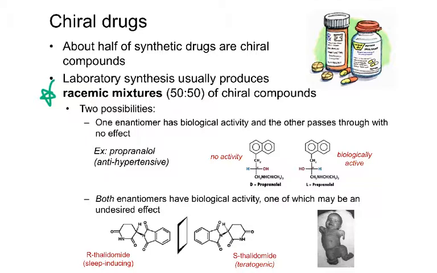We call that a racemic mixture. And that means that you actually have 2 different drugs in that pill, each enantiomer. So there's two consequences of that potentially. Maybe one enantiomer has no activity and the other one is the one that acts as the drug, and that's fine. Propranolol is an example of that. But there can be negative consequences that I'll address in the next video because I've run out of time.